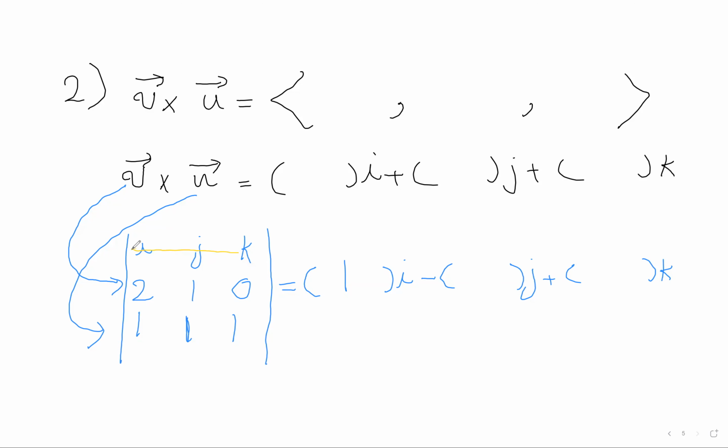Forget about the first row and the second column. The remaining 2 by 2, 2 times 1 minus 0 times 1, it gives me 2. For the third parentheses, k is located on the first row and the third column. Ignore those two. 2 times 1 minus 1 times 2, which is 1.